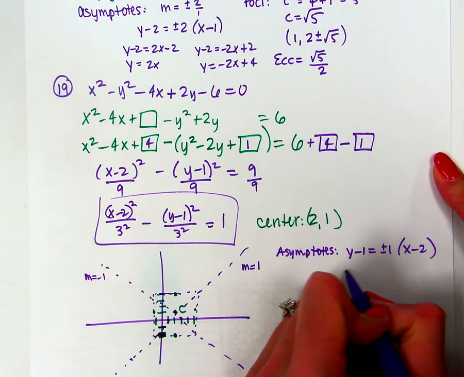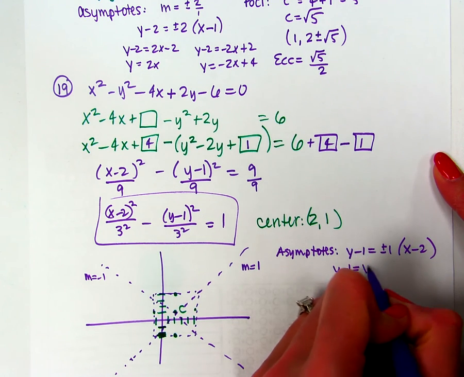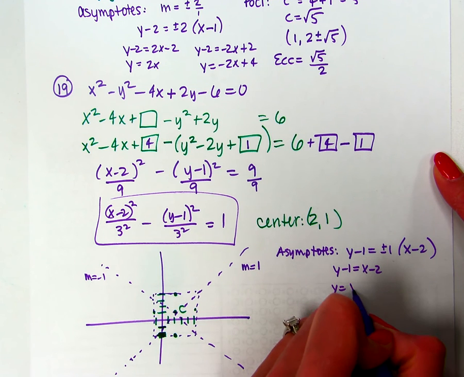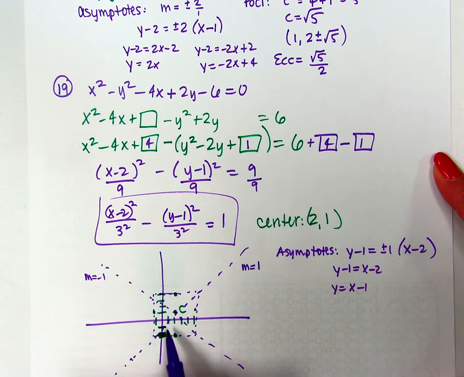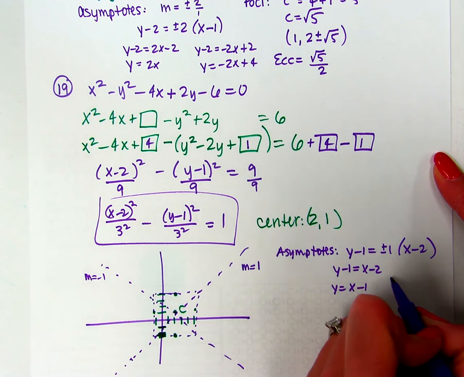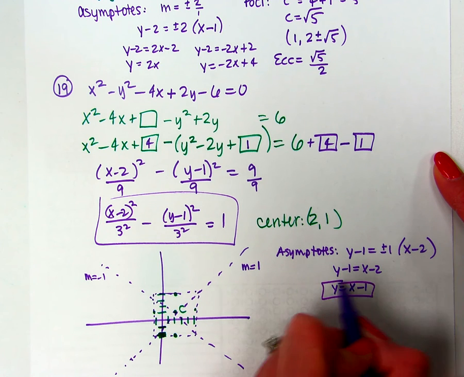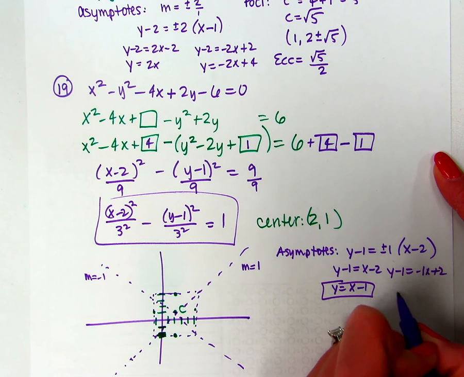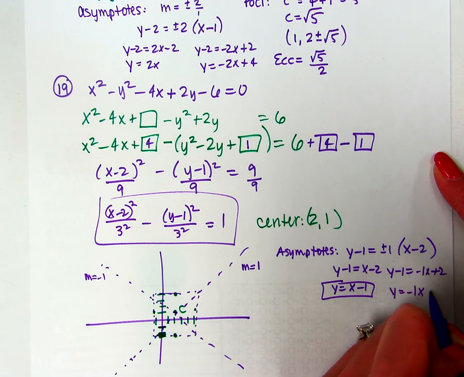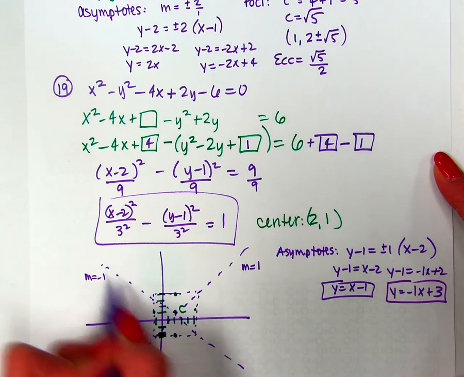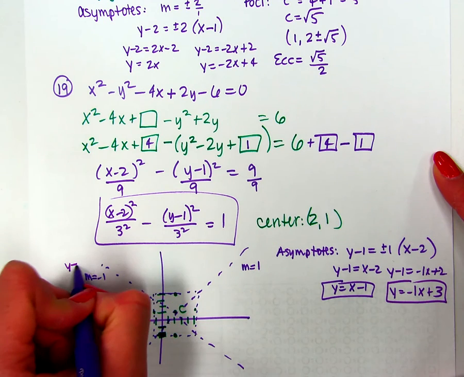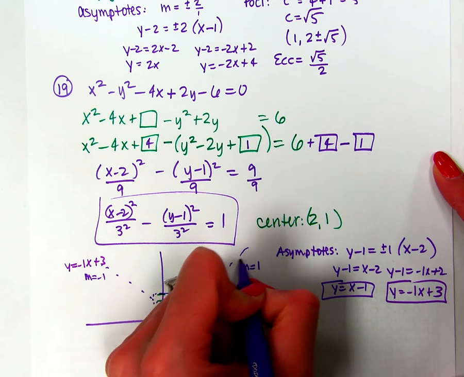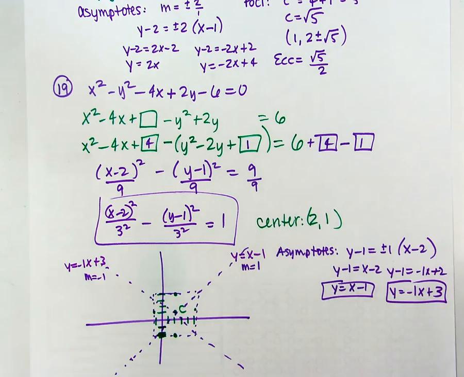So if I solve for y, I get y minus 1 equals x minus 2, which is x minus 1. That's this one, right? And then I could distribute a -1, so I get -1x plus 2. So that gives me -1x plus 3. And that would be this one, right? All right, so I've got my asymptotes.